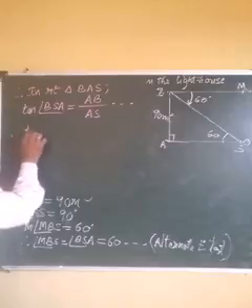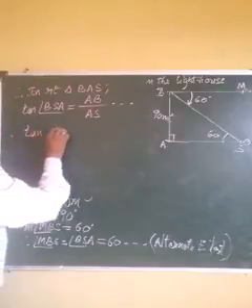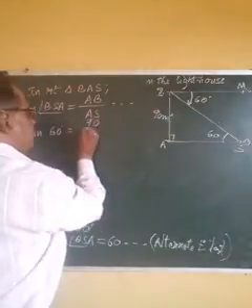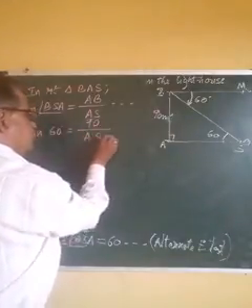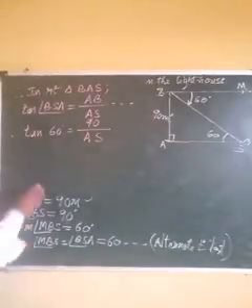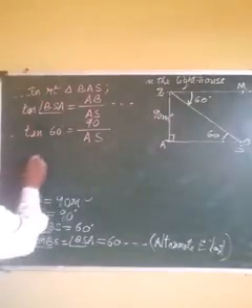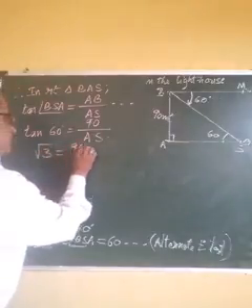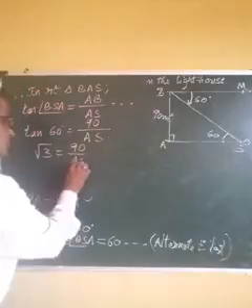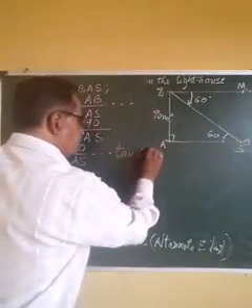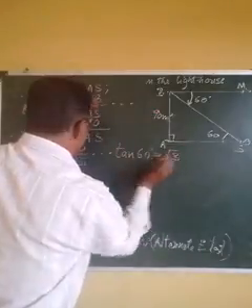Therefore tan 60 degrees is equal to AB, which is given as 90, upon AS. We have to find this out. So what is the value of tan 60? Root 3 is equal to 90 upon AS. So write the result: tan 60 degrees is equal to root 3.